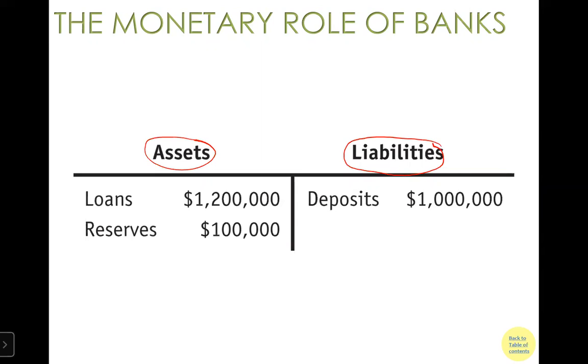So the bank's liability is deposit. That's a typical liability for a bank, right? It's a deposit coming from savers' money. The saver puts their money in the bank, and the bank issues a deposit certificate to the saver, right?